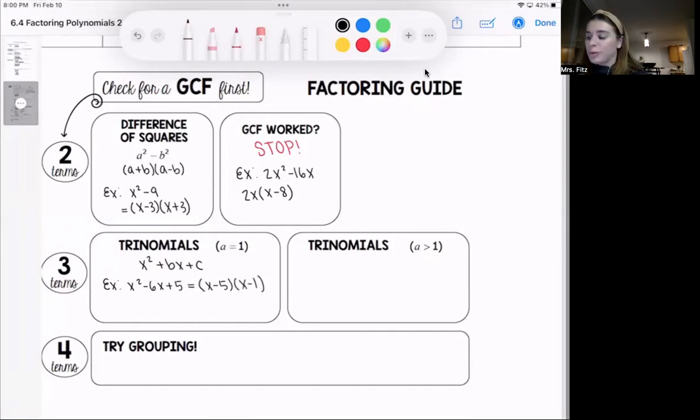Okay, a trinomial where a is greater than 1, that would be ax squared plus bx plus c. And that is where you may have to use slip and slide. So if you have something like 2x squared plus 15x minus 77, that's a pretty big number, but it still works.